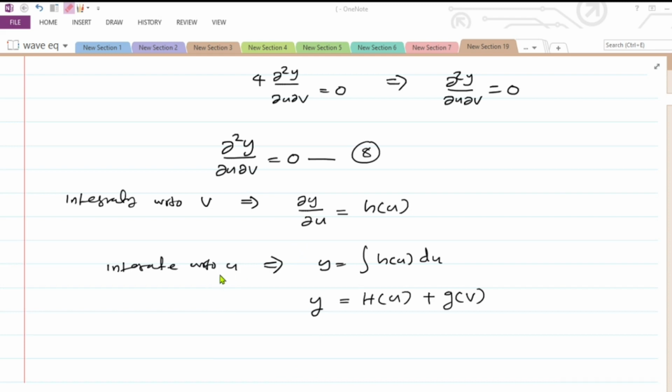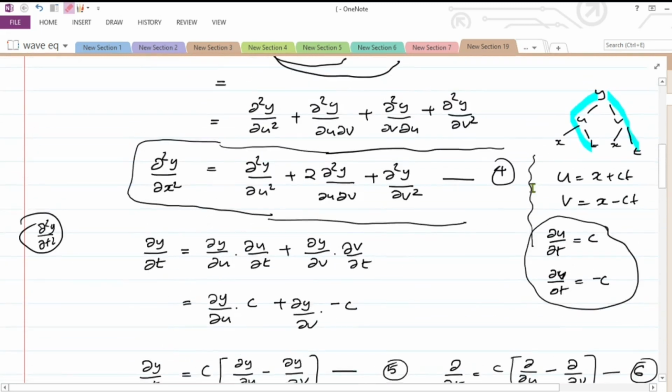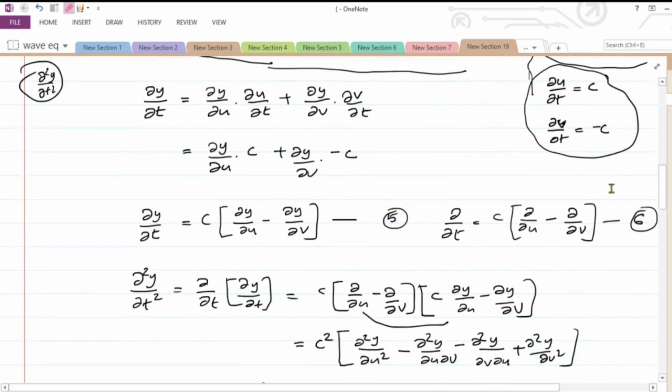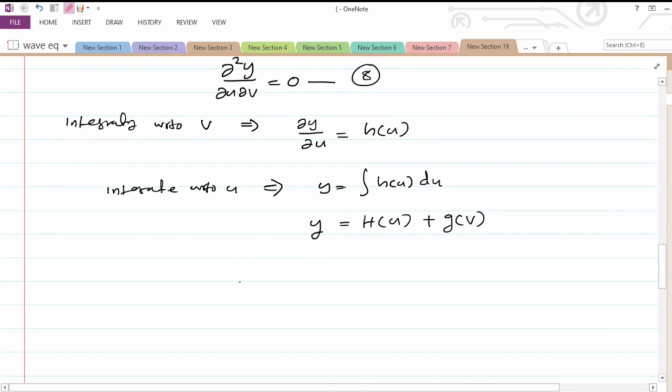Now, for getting the solution, instead of u and v we substitute, as we have taken, u equal to x plus ct and v equal to x minus ct. So we get y equal to H of x plus ct plus g of x minus ct.